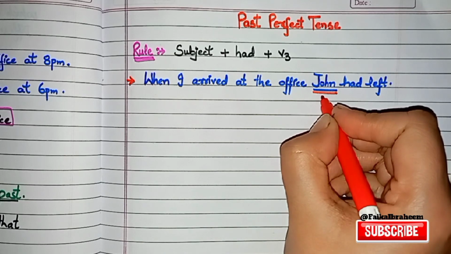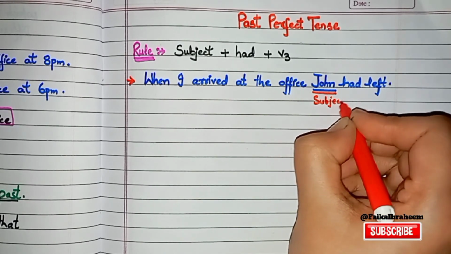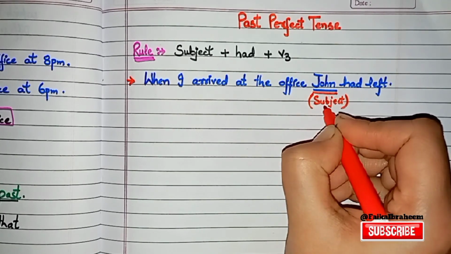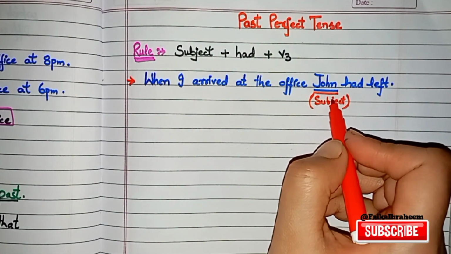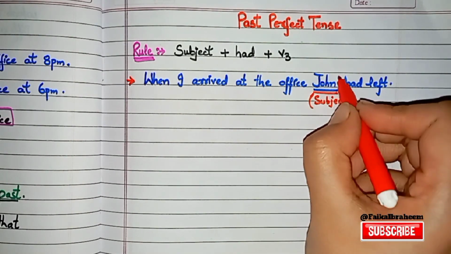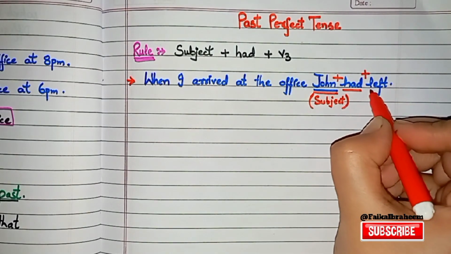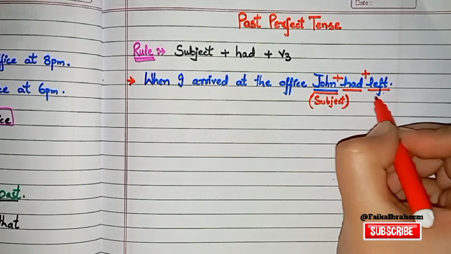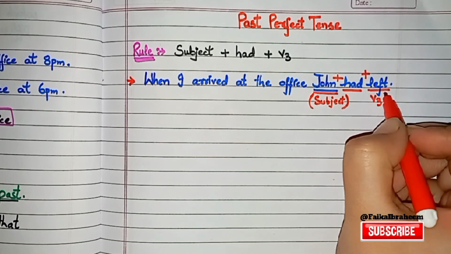John is subject plus had plus left, third form of verb, which is the third form of leave.